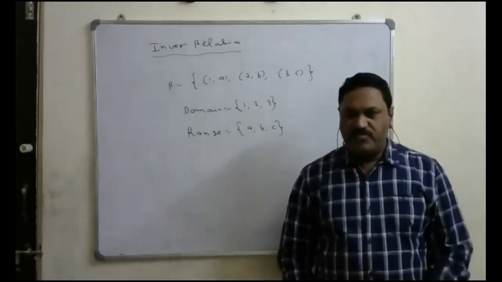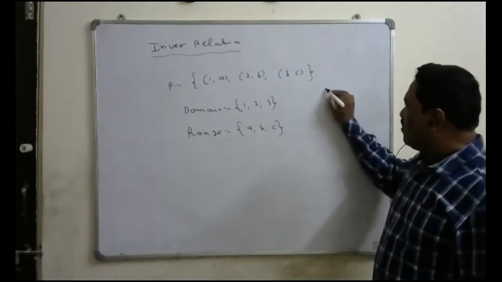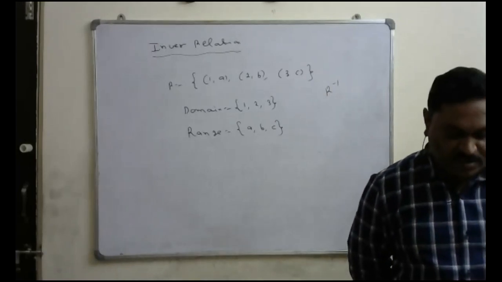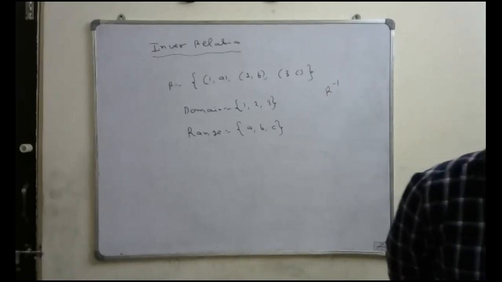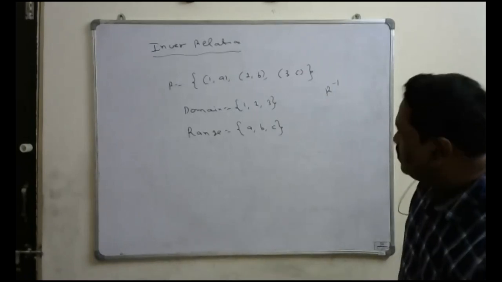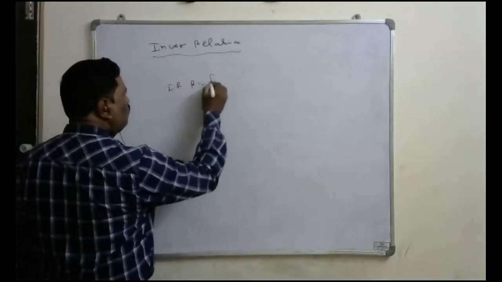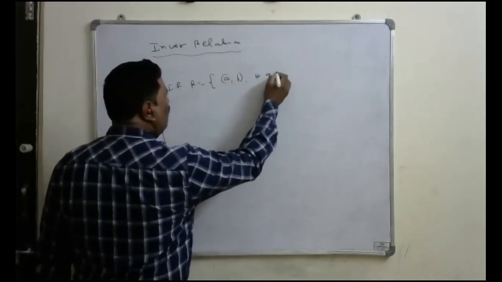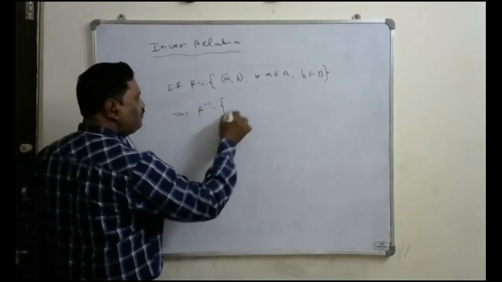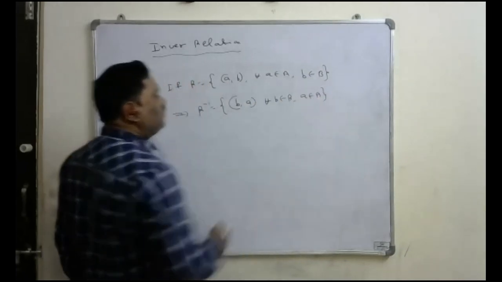Instead, the inverse of capital R, denoted by R power minus 1, is a relation from B to A. That is, if R is equal to (a, b) for all a belongs to capital A, b belongs to capital B, then R inverse is equal to (b, a) for all b belongs to B, a belongs to A. That is its inverse relation.